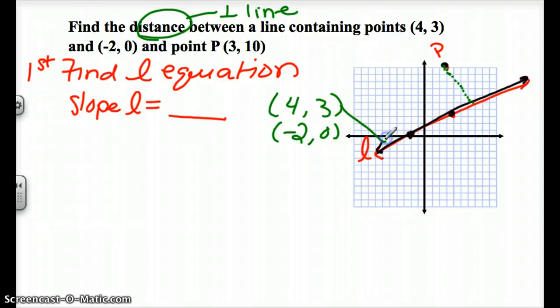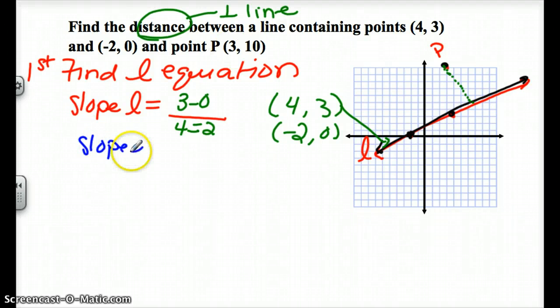Those are line L's points. So I am going to take 3 minus 0, and then 4 minus -2. So my slope of L is going to be 3 over 6, which reduces to one half. So now I have the slope of L.